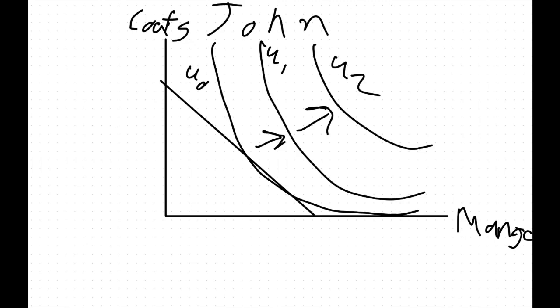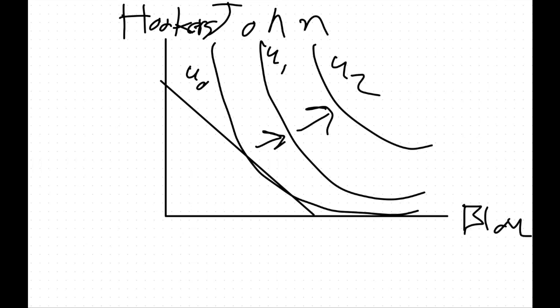So then, the thing is, though, hookers and blow would have been a great idea. In fact, that is going to be what we use from now on. Hookers, blow. That is now what we're going to be using.